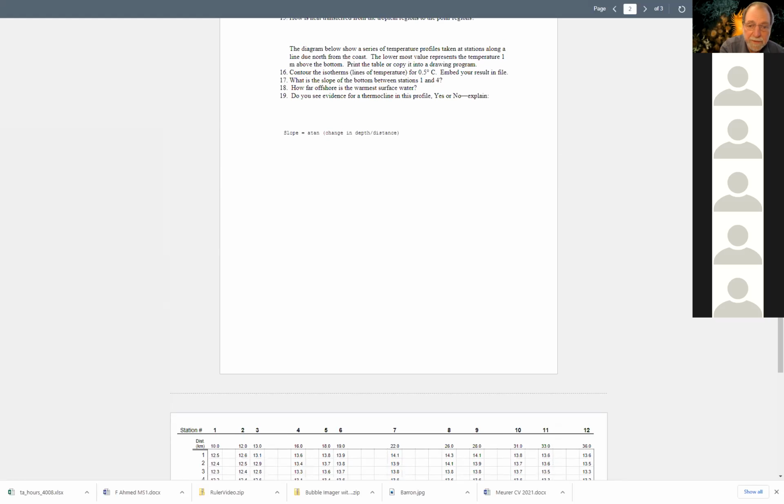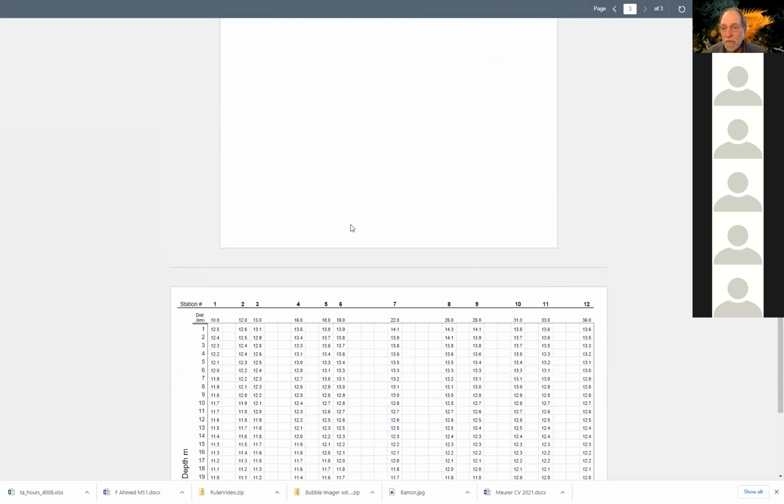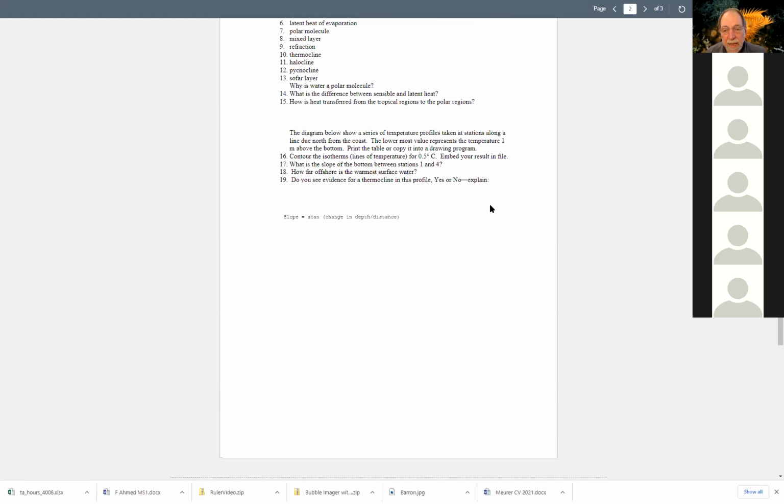Not letting me draw here. Oh, because it's Zoom. Well, so that would be 8 over 4, 8 meters over 4 kilometers. And so if you looked at the slope, that would be the arctangent of... We probably should do it in meters.